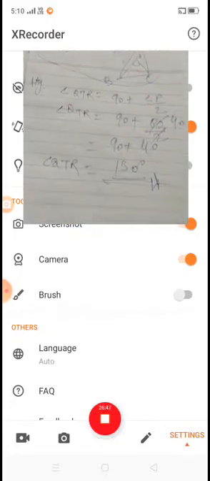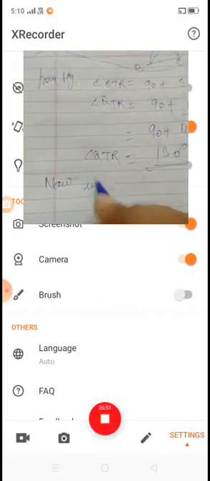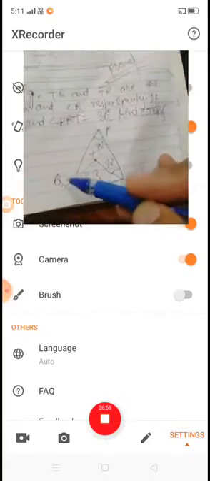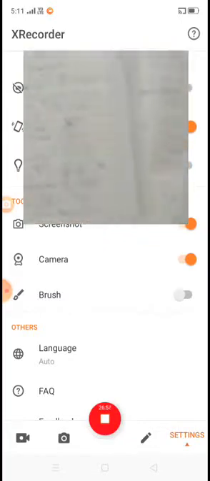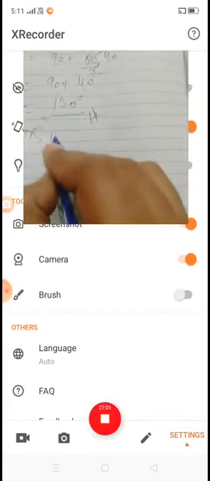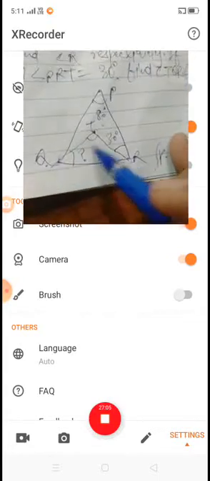Now in triangle QTR we use the angle sum property of the triangle.